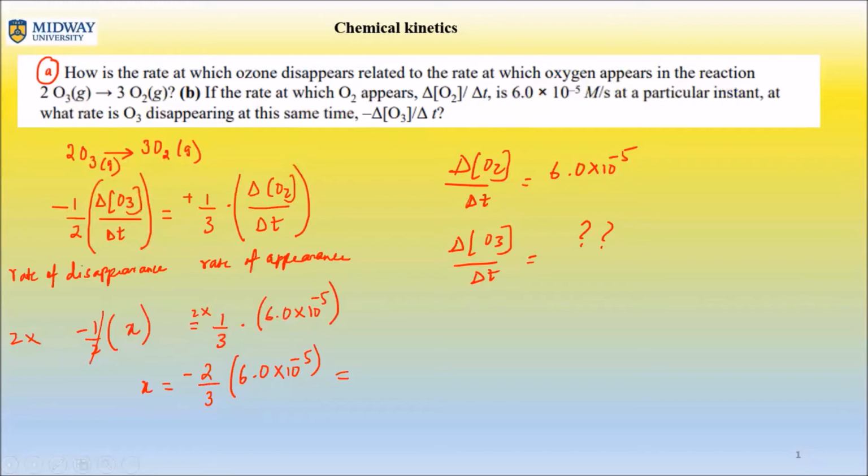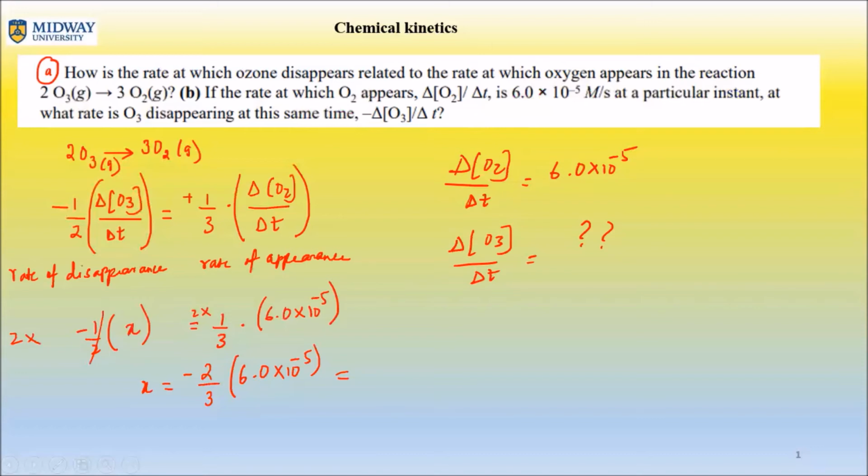Okay, let me do the math here. Okay, I'm having trouble with my calculator here. 6 exponent -5, times 2, divided by 3.